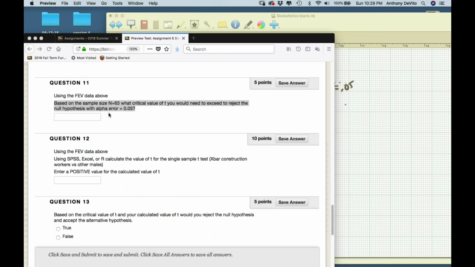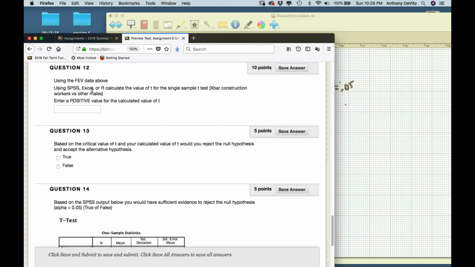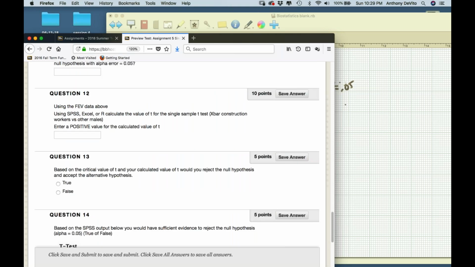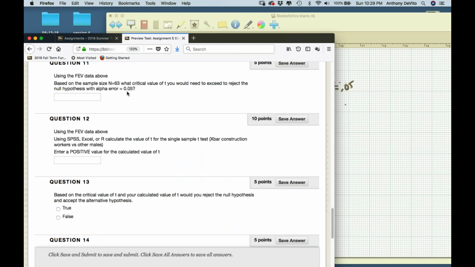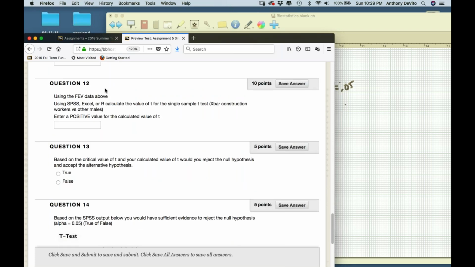That's our critical value t. So you put that in there. Using the FEV data, using Excel, calculate the value of t. Okay, so now question 12 just asks you what the critical value of t was, but didn't ask you to do the calculation, because in this case, we're going to use SPSS to do the calculation.